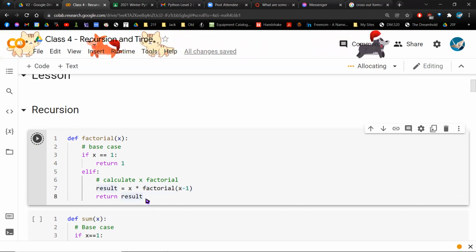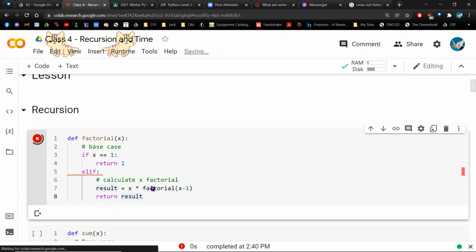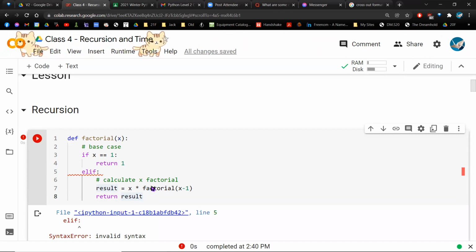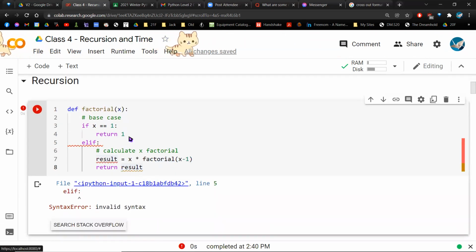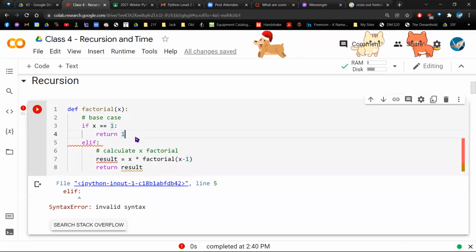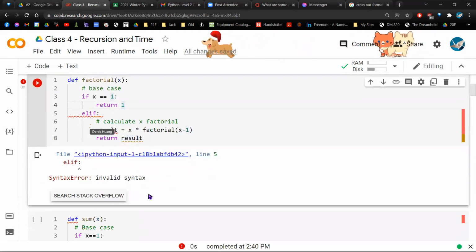And so if we run this cell, this again is just defining the function. It doesn't actually do anything. Oh, I had a syntax error. Let me check what's wrong here. It's a little bit embarrassing.